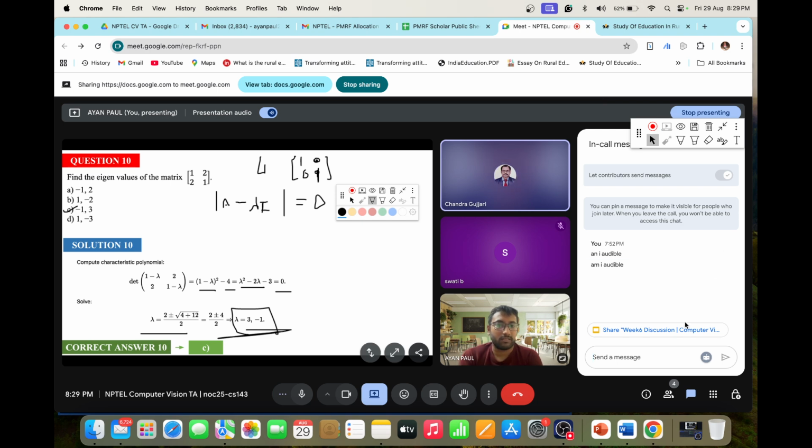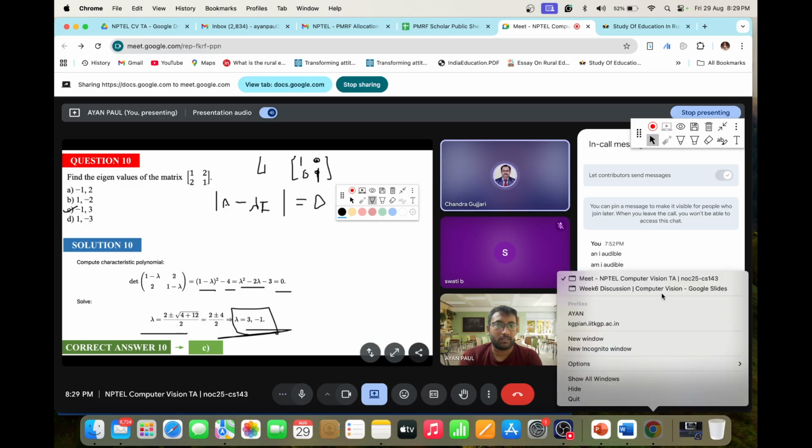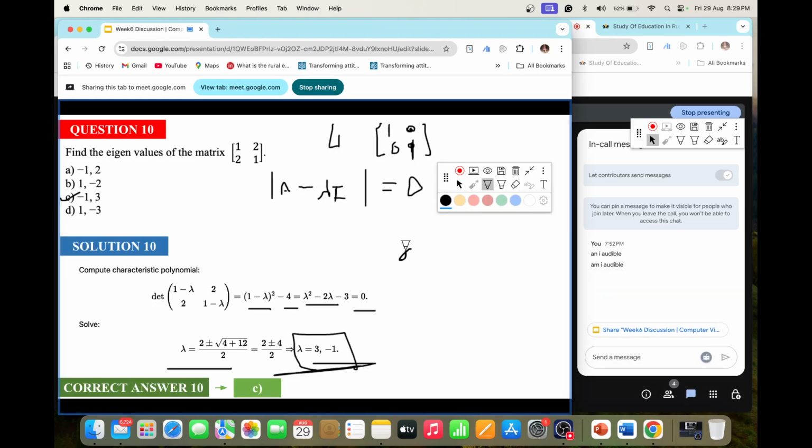Or lambda equal to 2 plus or minus under root 4 plus 12 by 2. So ax square plus bx plus c equals 0, this is a quadratic equation.